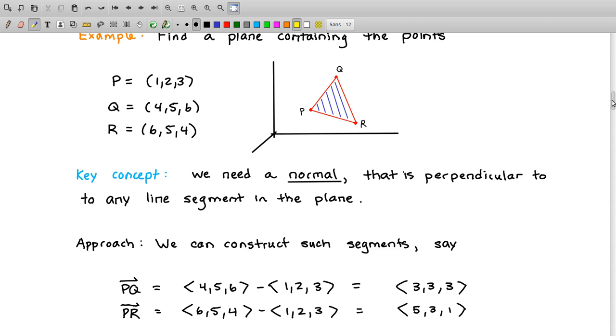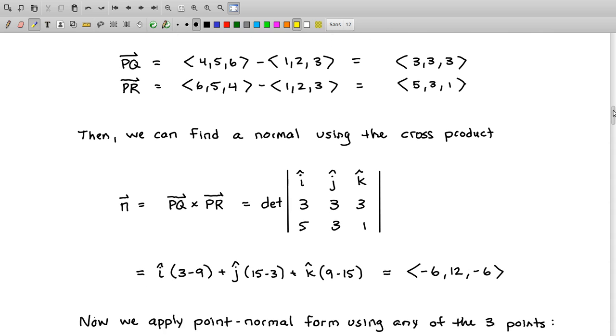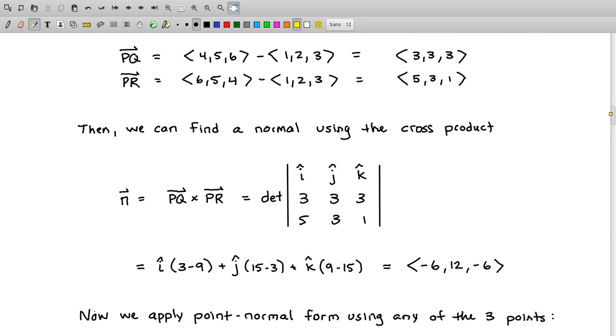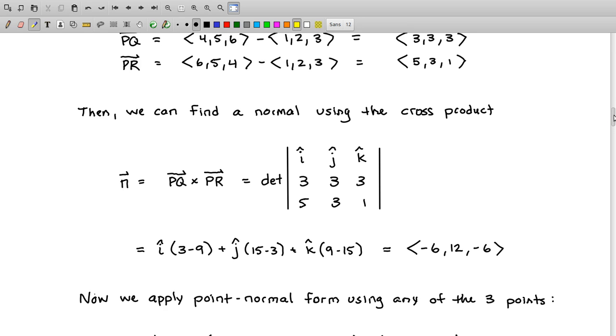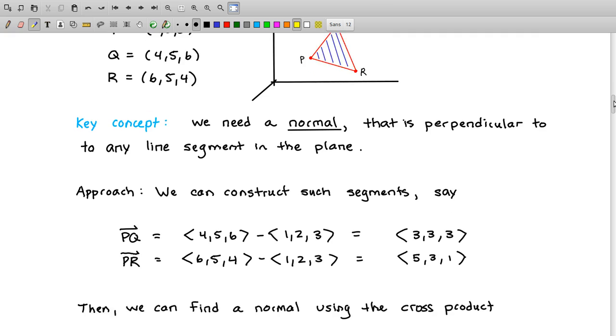And now I take the cross product of these 2 vectors, and I plug these numbers into my formula, or I look up on my formula sheet the longer form of the cross product formula. I do my computation, I get a vector, -6, 12, -6. And that is a normal to the plane, and I can plug that normal and any one of these 3 points, P, Q, or R, into the formula for the plane.